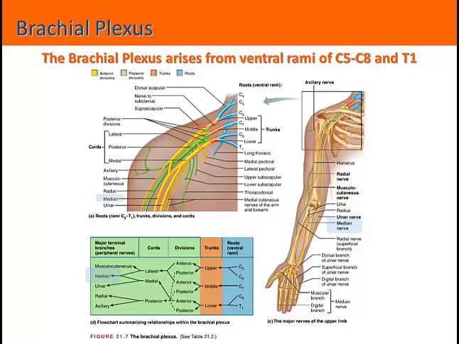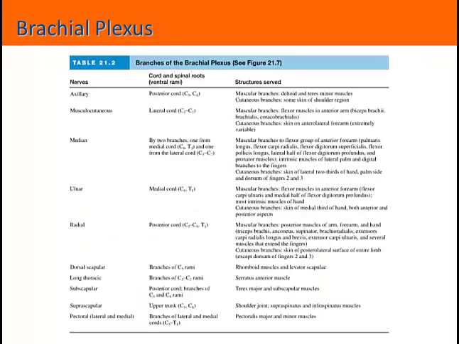The motor functions include innervating the flexors of the forearm and many of the muscles of the hand, again as we already know from our EMG experiment a couple weeks back. And it also carries a lot of sensory information or cutaneous information from the skin of the hand. And all of that you go through this table here to give specific regions and specific muscles that the median nerve serves.